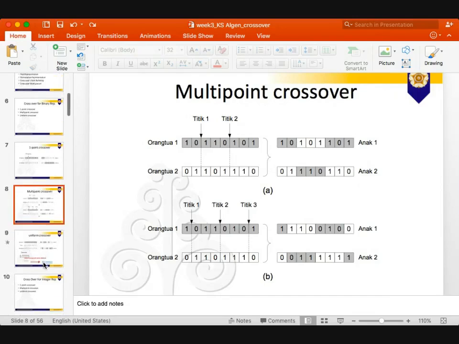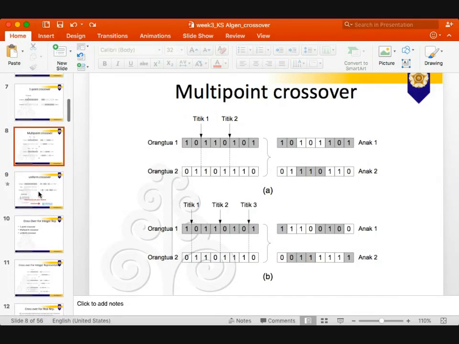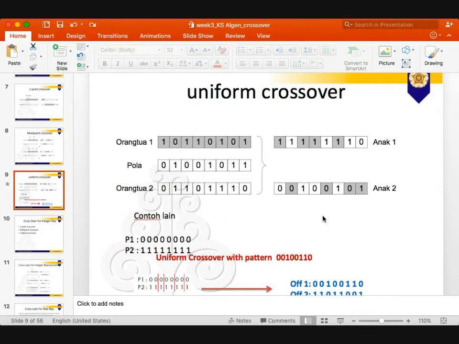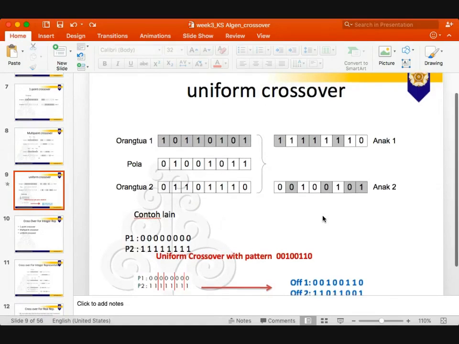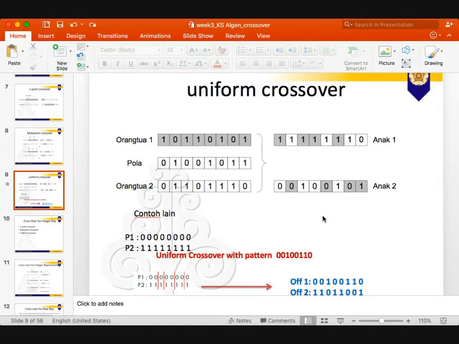Okay, the last one is the uniform crossover. In the uniform crossover, we define a pattern to combine. The pattern here consists of 0 and 1 values.